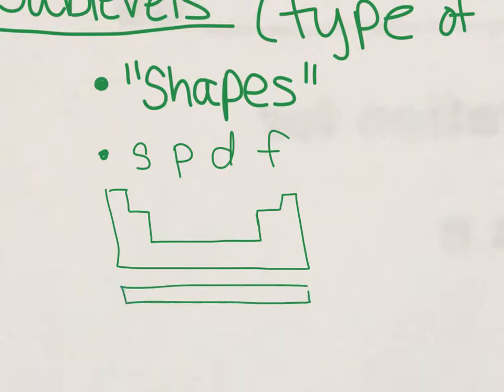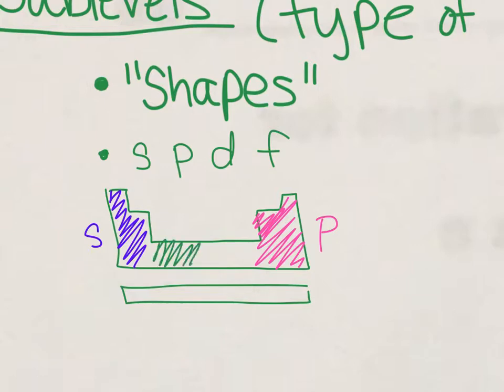What we've got here is these first two rows. This is going to be S. This last portion over here is P, pink room. And this middle portion is going to be the D sublevel. And this bottom part is F. You can see that the rows got bigger, right?